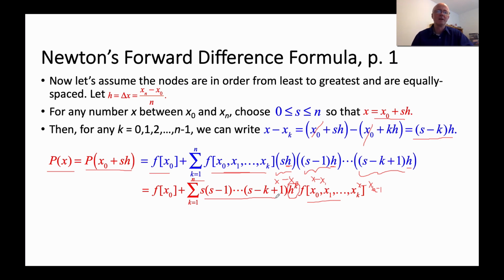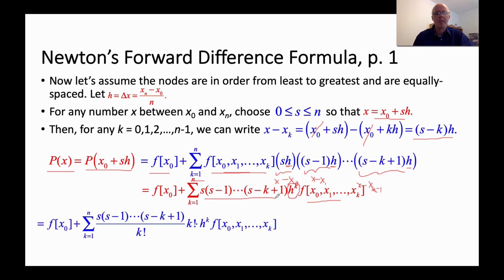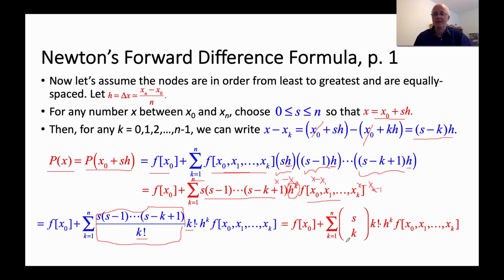Now we're going to do something a little strange. It's not necessary to do this. It just could be convenient in certain ways. We are going to multiply and divide by k factorial. Why? Because then this fraction is a binomial coefficient, s choose k, even when s is not a whole number. I can still use the s choose k notation like this.